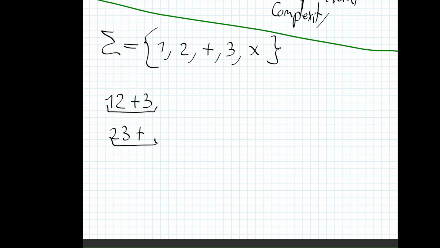So these terms together form words, and these words are constructed from the vocabulary sigma.